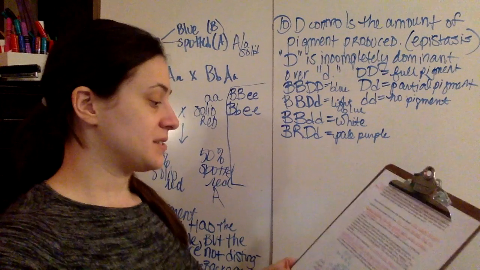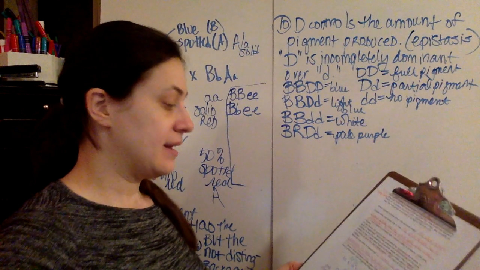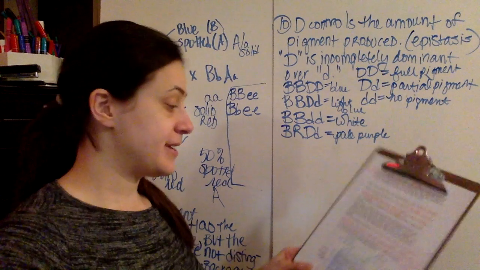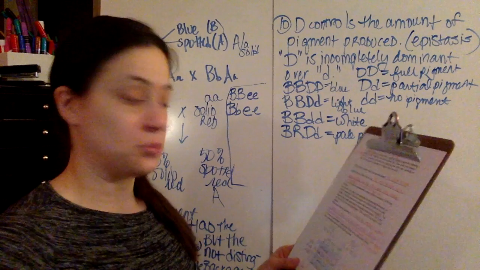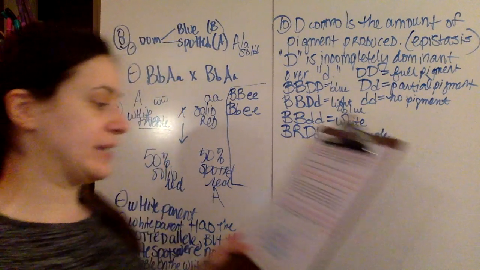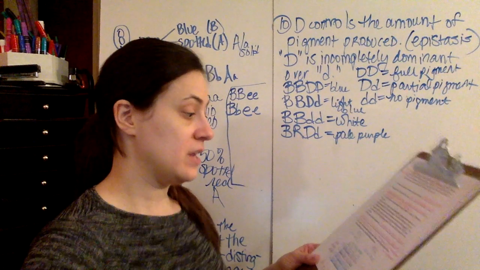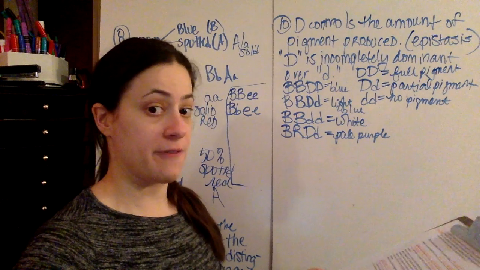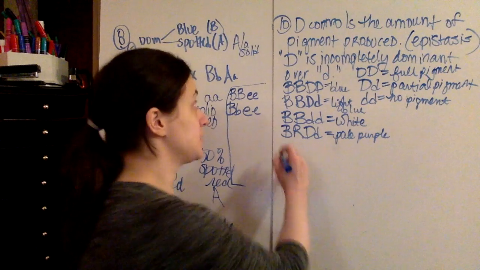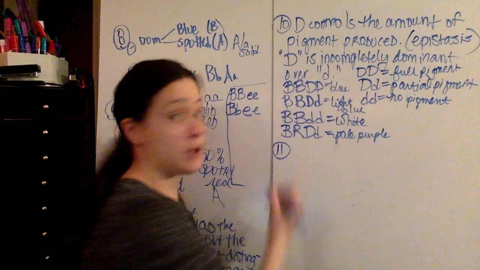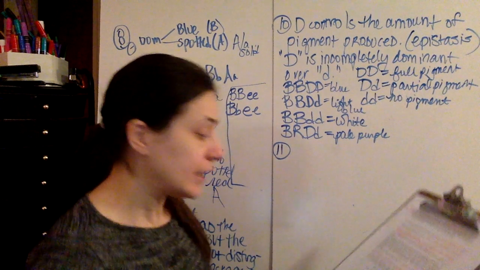Okay? So now for number 11. Number 11 says to show a cross between a pale green tribble and a pale purple tribble. So give a phenotypic ratio of the offspring below. So for number 11, here are the parents that we're crossing.